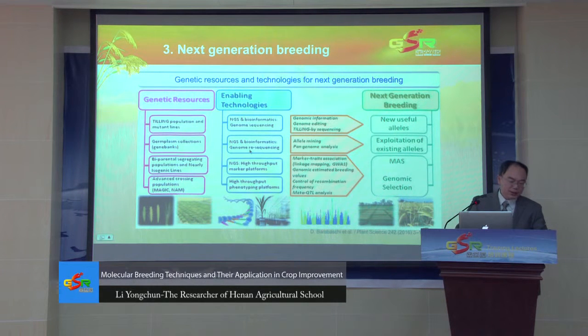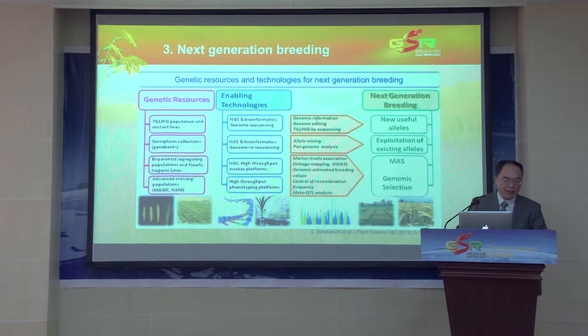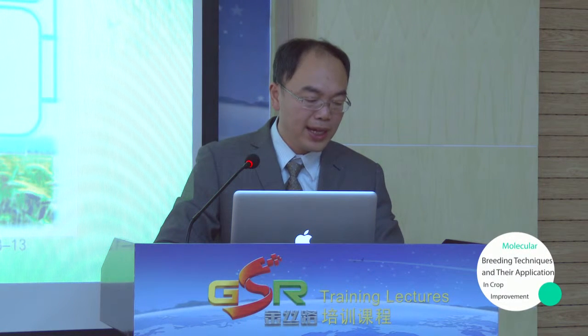This picture illustrates how next generation sequencing derived information can be used in crop breeding. High throughput marker technologies coupled with advanced phenotyping platforms provide new opportunities for discovering marker-trait associations, which can support genomic-assisted selection and breeding.